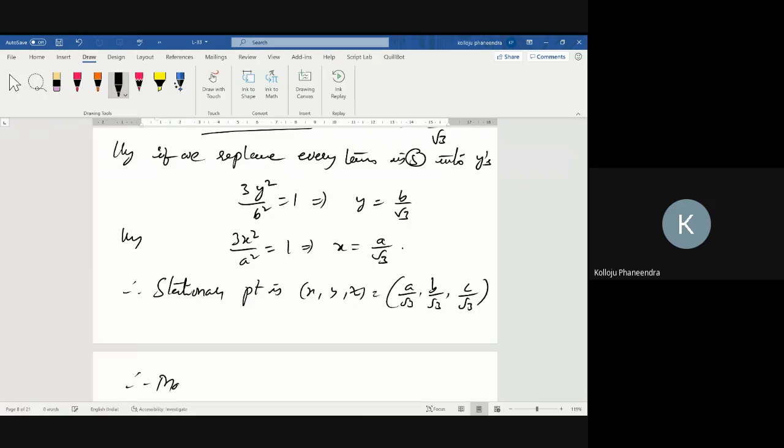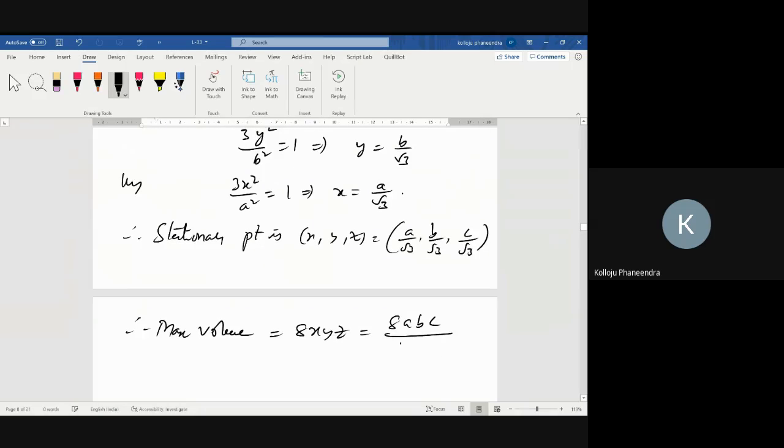Therefore, what is the maximum volume? 8xyz. So this is 8abc by root 3 root 3 root 3, 8abc by 3 root 3. This is another model problem. Any doubts in this one? Just simplification.